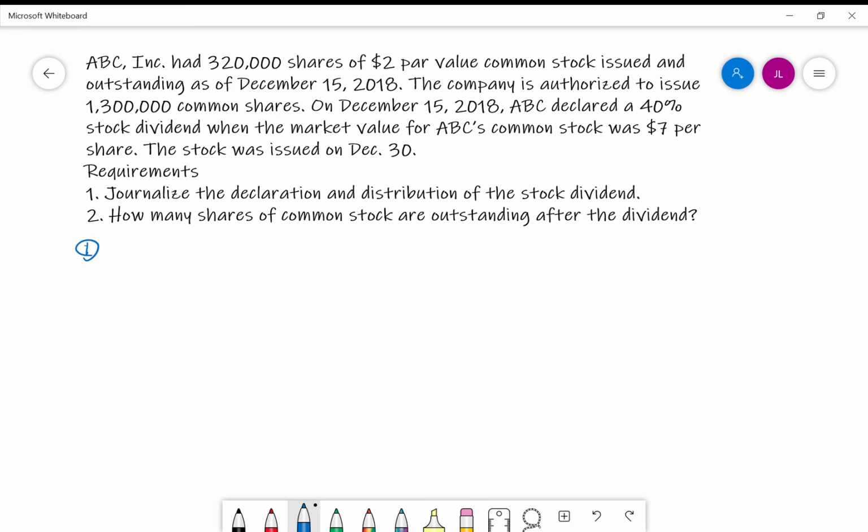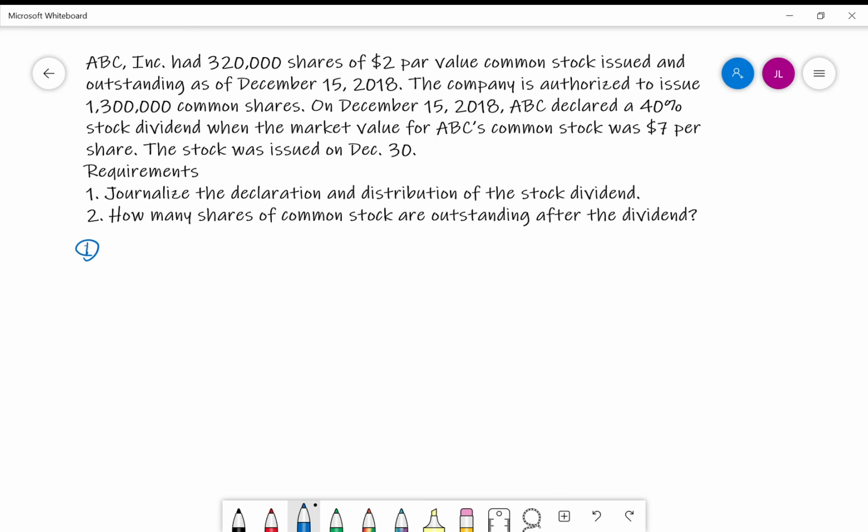we're looking at, again, this is a stock dividend we're talking about, and we need to calculate the value here. So this is a large stock dividend. It's 40%.